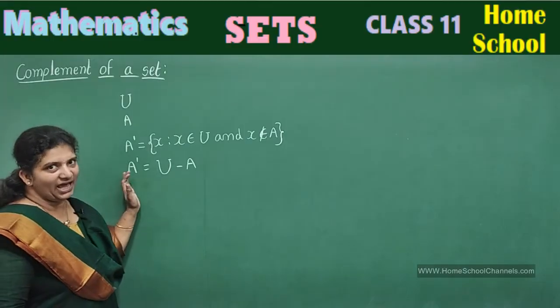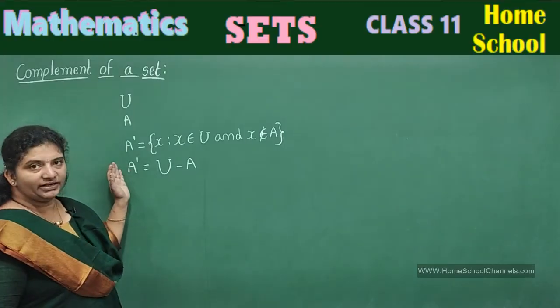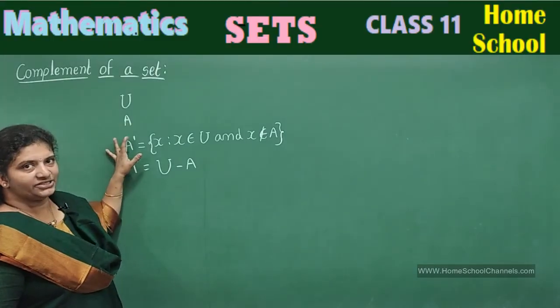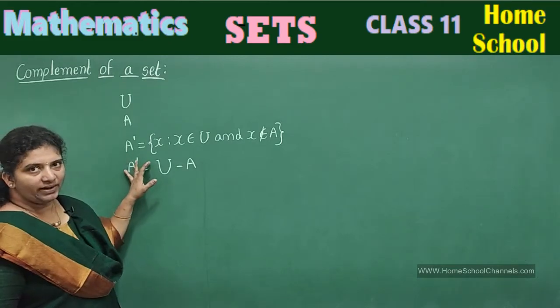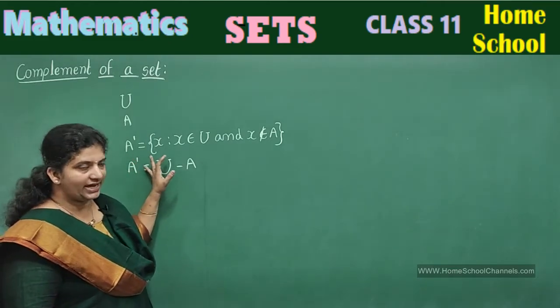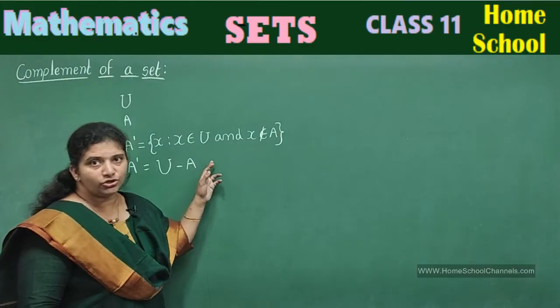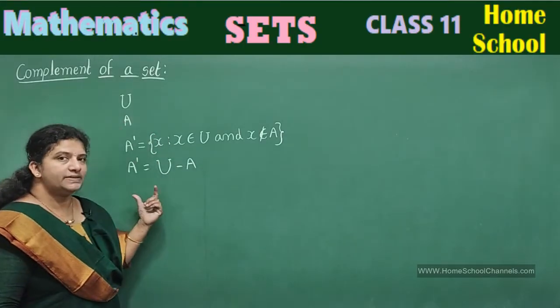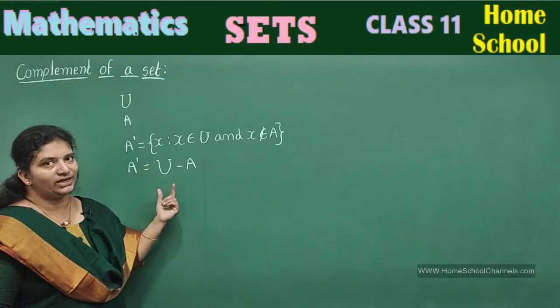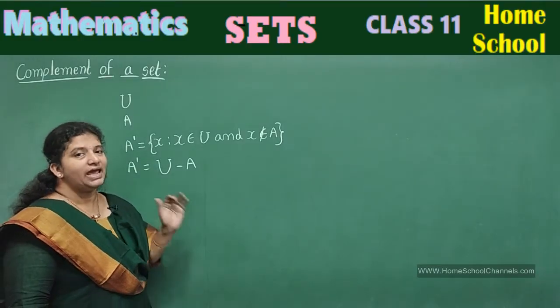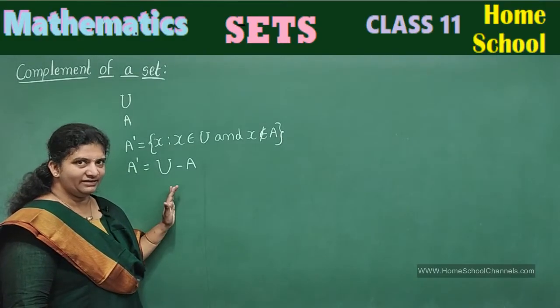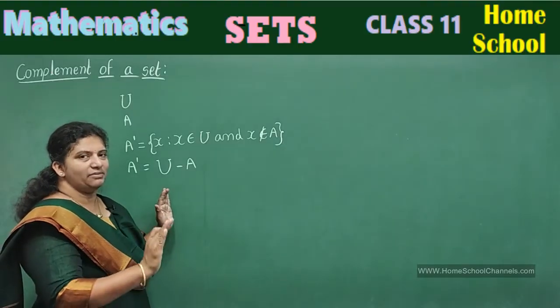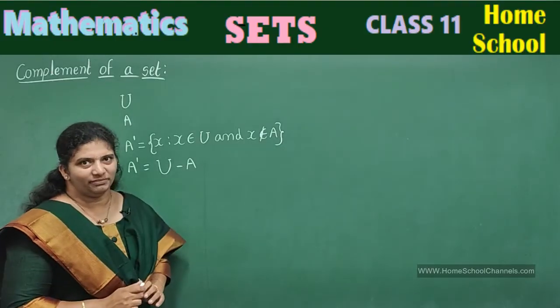A dash is equal to set of all x such that x belongs to U and x does not belong to A. Or simply we can say A dash is equal to U minus A.